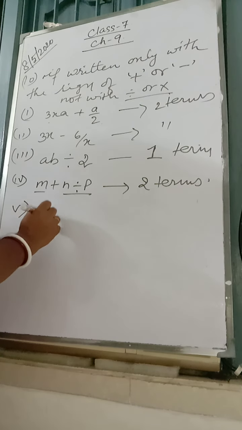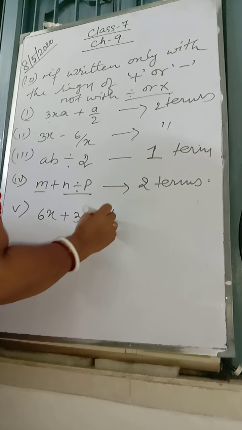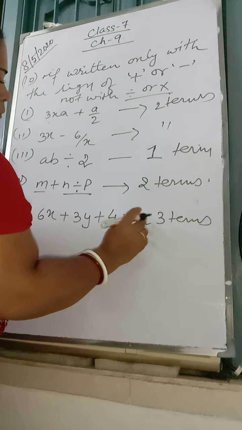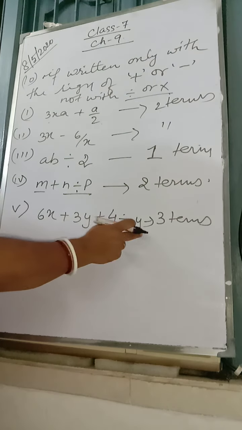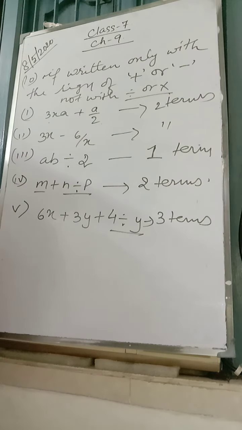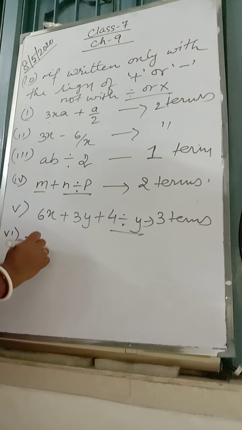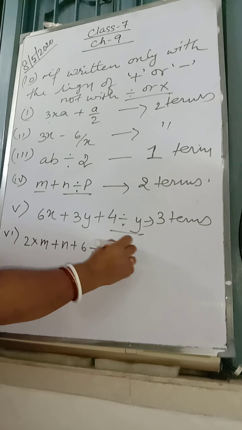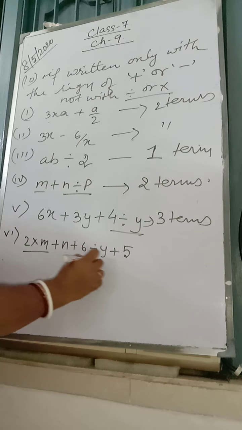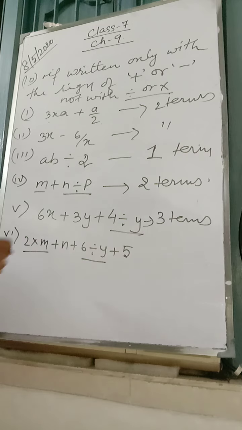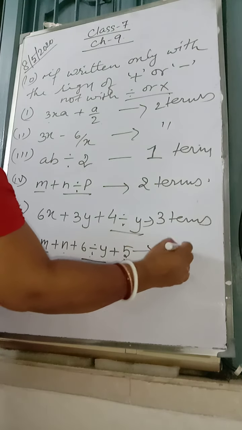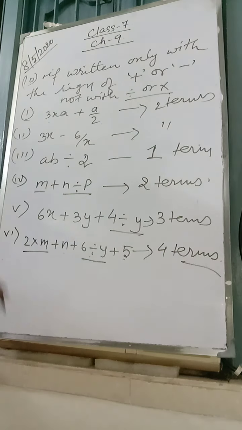Number 5, 6x plus 3y plus 4 divided by y. 3 terms. 4 divided by y is together. Number 6, 2 into m plus n plus 6 divided by y plus 5. Here 2 into m plus n is 1 term, 6 divided by y is second term. So 1, 2, 3, 4 terms. Is it? 4 terms. True, false, I will not do.